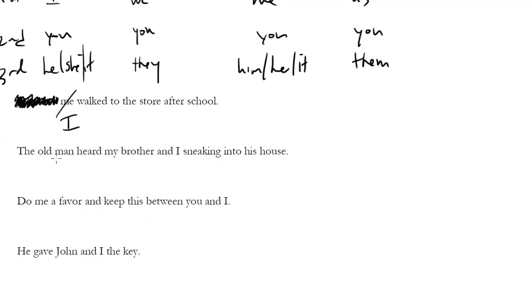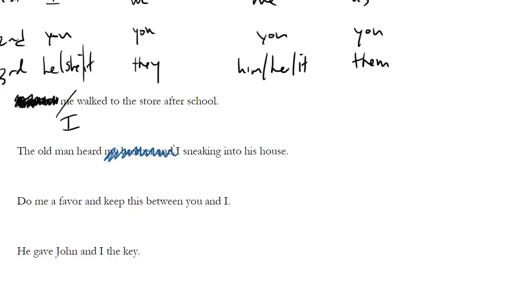Let's look at the next one. The old man heard my brother and I sneaking into his house. So on first listen, this may sound okay to you. And that's because you probably have had it drilled into your head to always make it such and such an I, don't do such and such an me. And that's true for when I should be the subject. But is it true in this case? Well, again, if you're not really quite sure, cross out this stuff right here just temporarily and read the sentence.